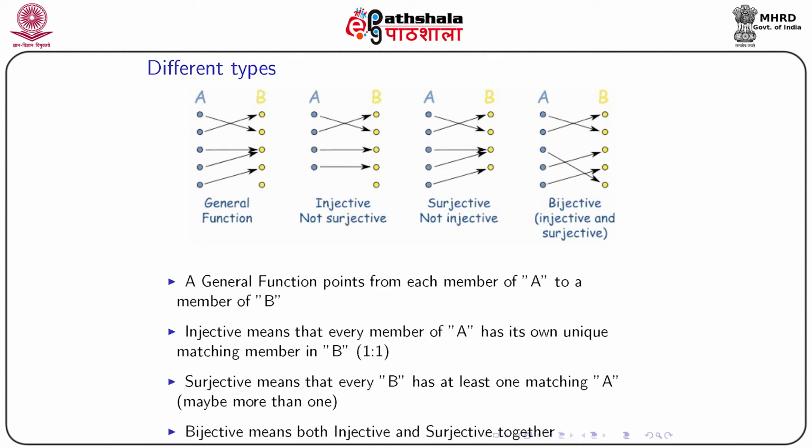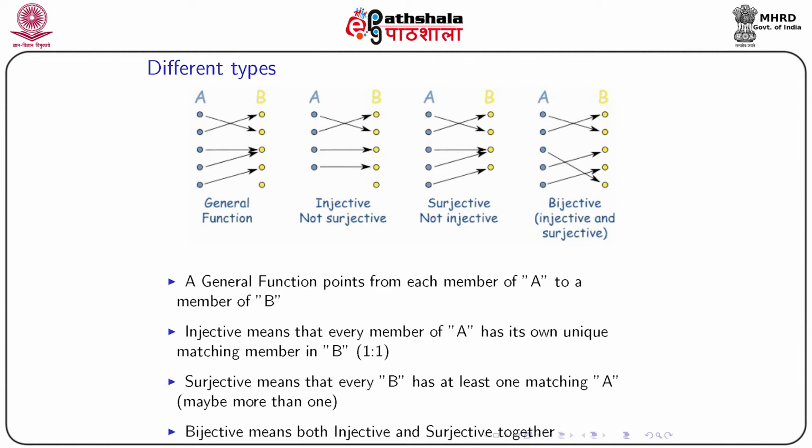Now the second sort of function we call injective, where every member of A has its own unique matching member in B. That means I cannot have two different members in A for the same B, and on the contrary I cannot have the reverse also.